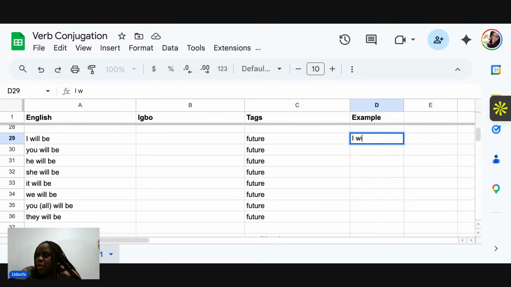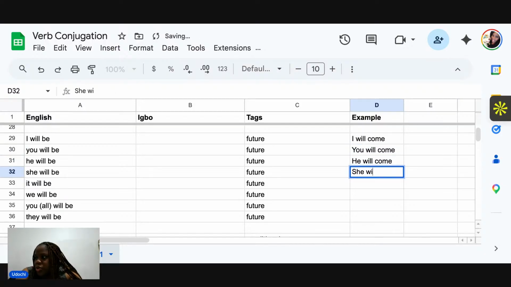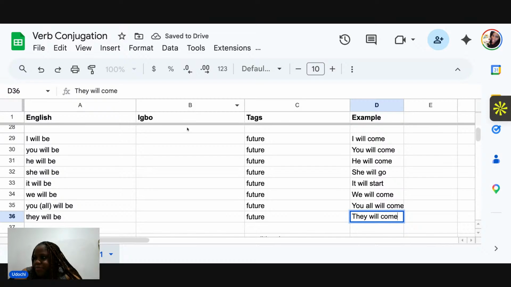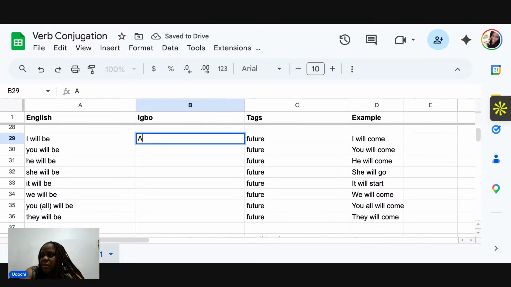So we'll say I will come, you will come, he will come, she will go, it will start, we will come, you all will come, they will come. Okay. So we'll say I gam abia, agamabia.